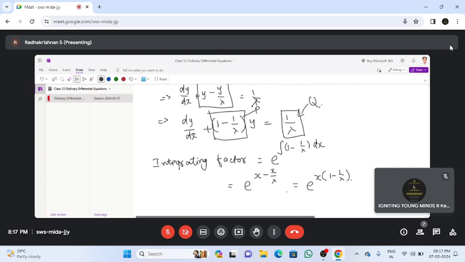So it is not matching with any of the options given. I think there is something wrong in the options. But this is what it is.